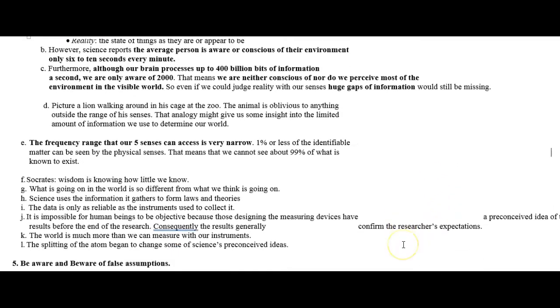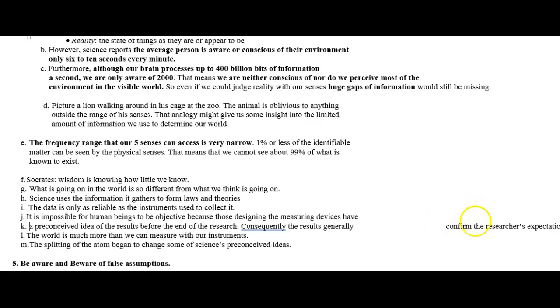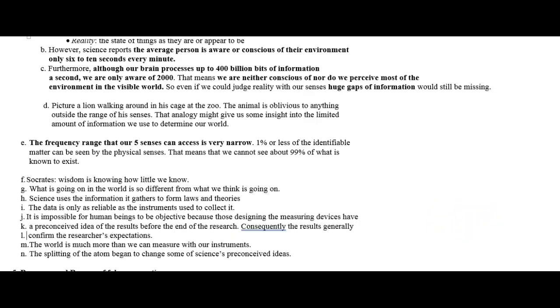Going on. The frequency range that our 5 senses can access is very narrow. 1% or less of the identifiable matter can be seen with the physical senses. Again, when you look at that energy video on your assignment, this will talk about that.